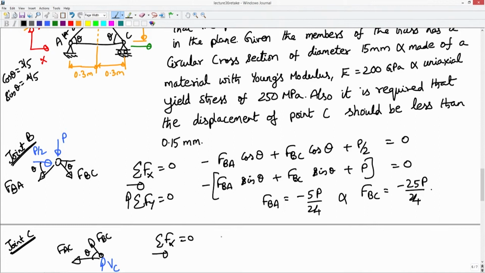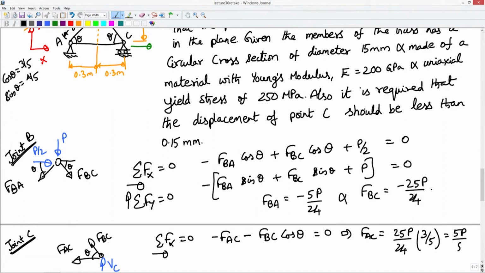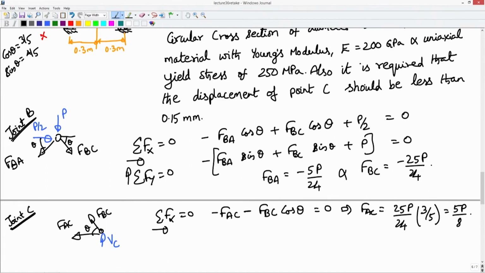So what I have is F AC with a negative sign minus F BC cos theta must be equal to 0. This implies F AC is 25 P by 24 into cos theta, which is 3 by 5. So, that will be 5 P by 8. And then I can find VC by writing the vertical force equilibrium, which is not necessary in this problem. So, I will not do that.